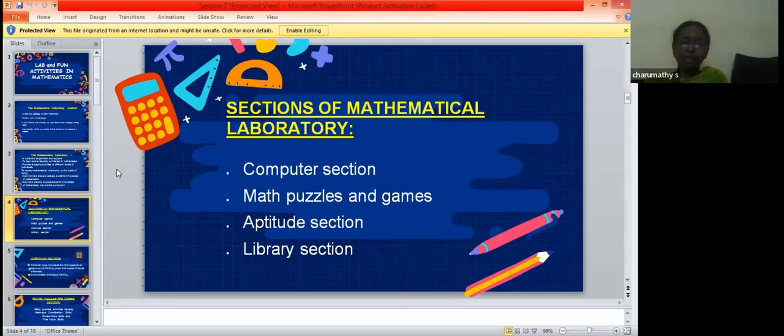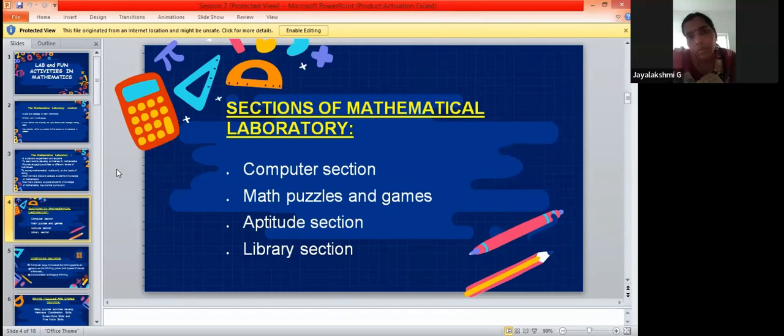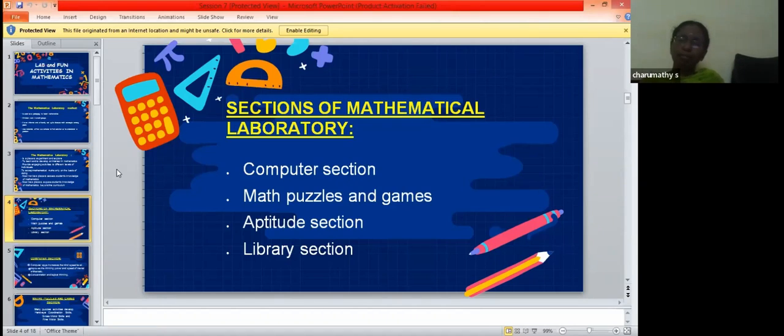Then come math puzzles and games. Maths lab means it's not only the concept based addition, subtraction, multiplication, division. Yes, it can be fun. It can always be fun, because children love games and puzzles.